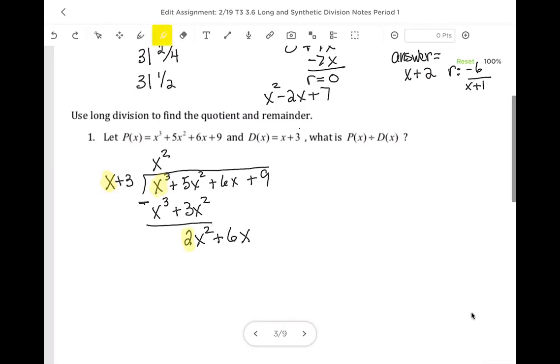Actually, I should color the whole thing so that we remember that we're dividing into that. So 2x squared divided by x is 2x. Multiply. 2x times x is 2x squared. 2x times 3 is 6x.